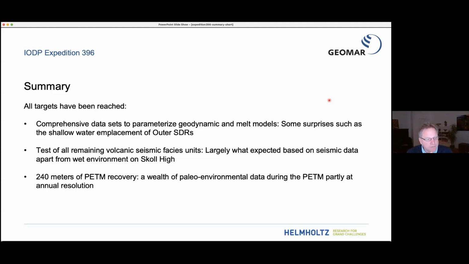And we recovered about 240 meters of this PETM with an enormous amount of paleo-environmental information that goes down to very, very high resolution of the variations of climate and environment during this Paleocene-Eocene Thermal Maximum. We were really lucky with the weather and the scientific party.